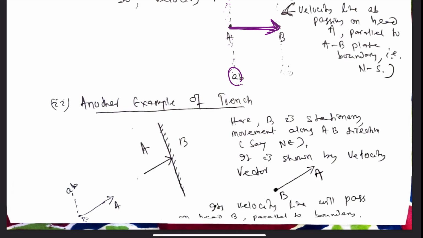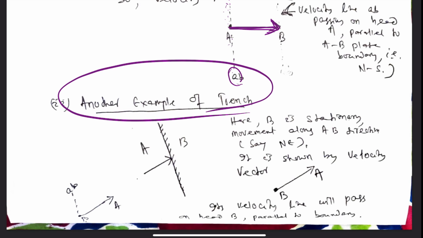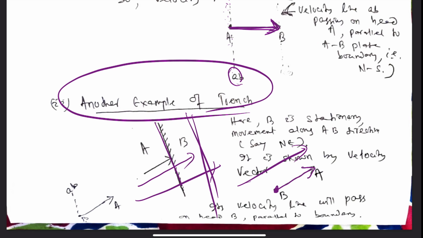Then another example of trench we can take. The movement is along this direction. B is stationary, A is moving. Movement is along this direction. So this is the velocity vector, and the velocity line will be along this direction, because this is parallel to the boundary.